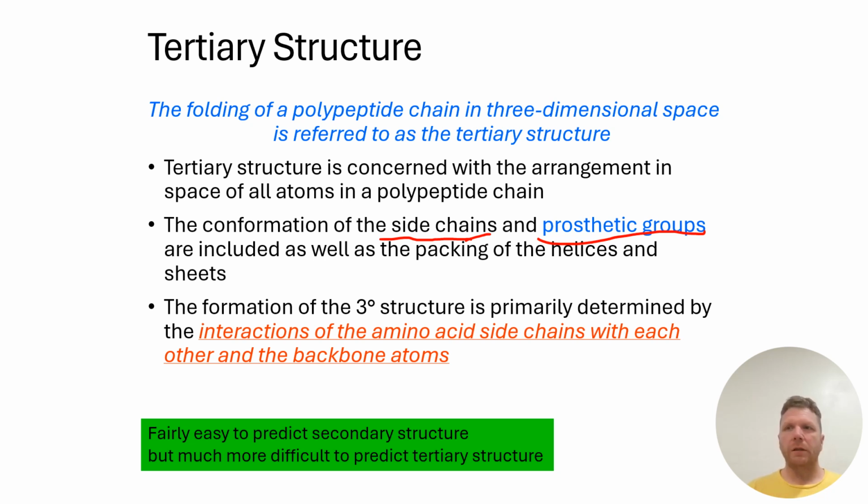But they came up with a scoring system, and so then all of a sudden people were like, oh, well, I can give this score and these rules. Okay, cool. Now I can predict if a secondary structure forms. Tertiary structure is much more complicated because you have the R groups, you also have prosthetic groups. Prosthetic groups are something that are added after the protein's been formed.